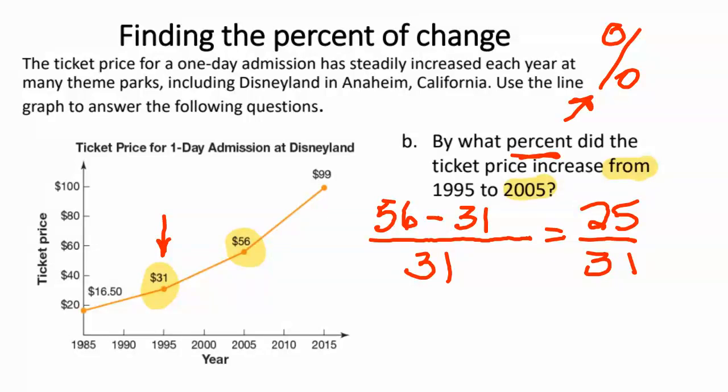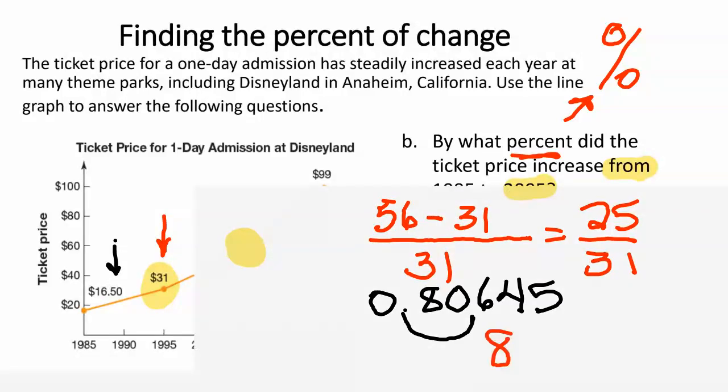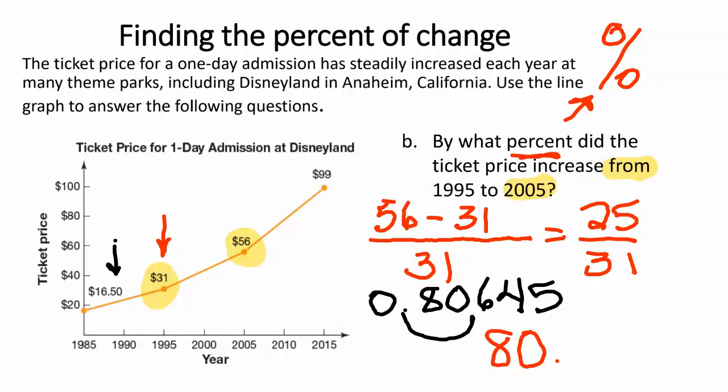Now again, I'm getting a decimal that says 0.8065. Now remember, this has 2 decimal places. So therefore, this decimal moves 2 places. So my answer is going to be 80.65%.